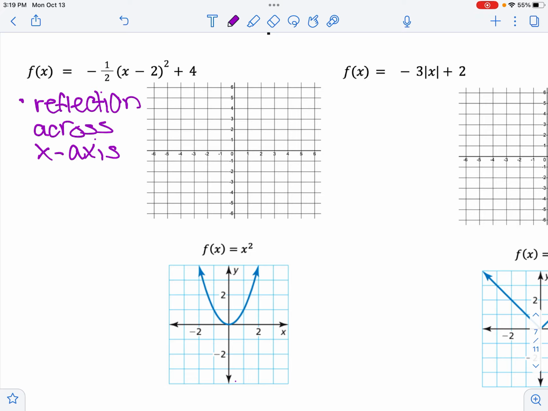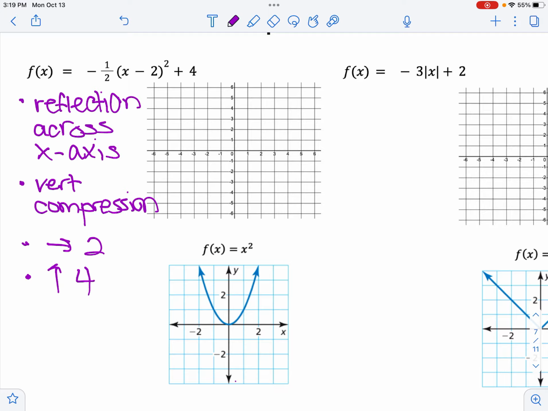Okay, the half would be a vertical compression because it's less than 1. And then this -2 is going to move the graph to the right 2 units. And then the +4 at the end here is going to move it up 4.